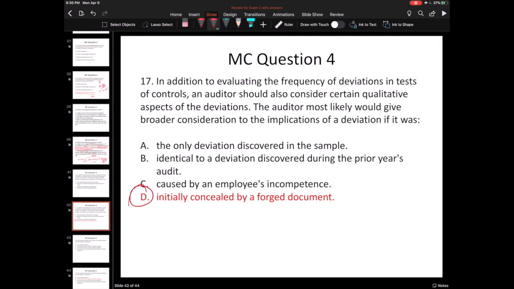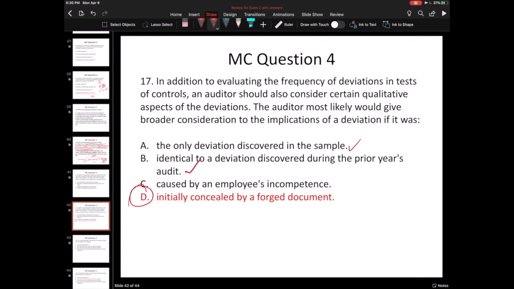So the idea is, okay, if it's the only deviation, no big deal there. If it's identical to a deviation last year, it's not great because it indicates they haven't fixed the problem, but it doesn't necessarily indicate anything shady or illegal is going on.